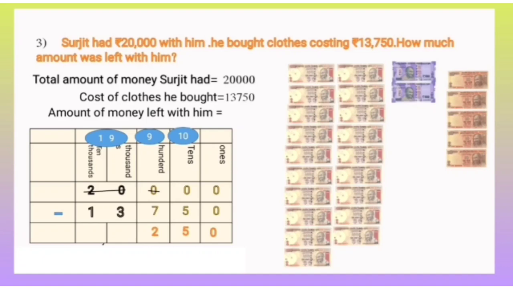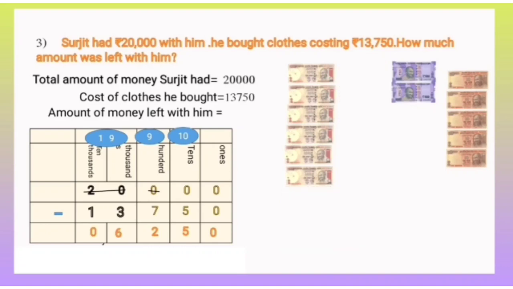So on removing 13,000 rupee notes, 6 notes of 1,000 are remaining. So we'll write 6 in thousands column. So 6,250 is our final answer. So Surjit is left with 6,250 rupees.